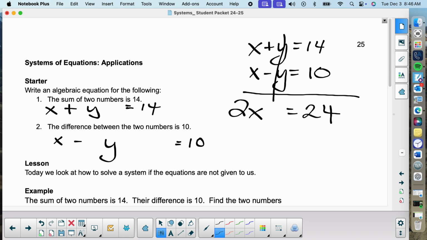Table 4. Where do we go from here? Divide by 2. Good. So we have one answer.